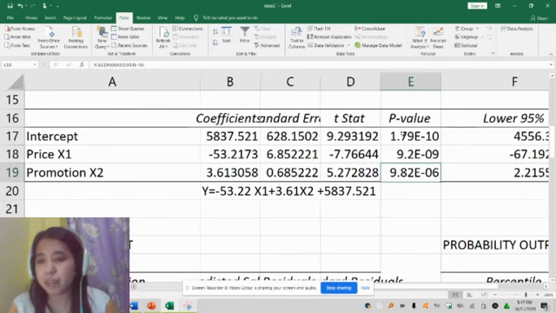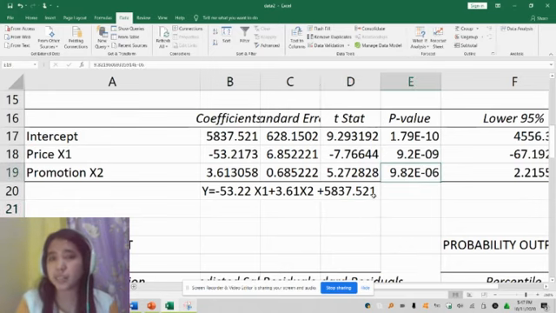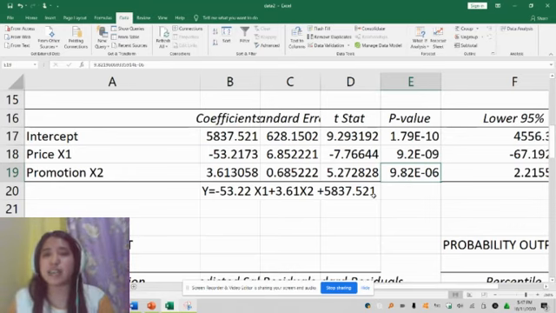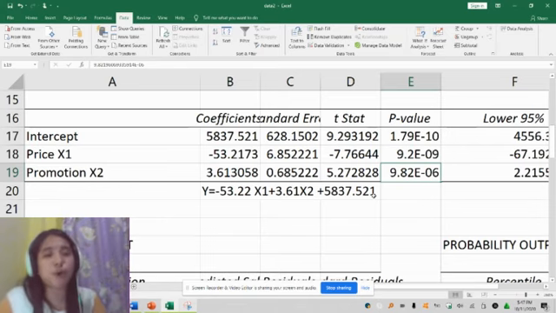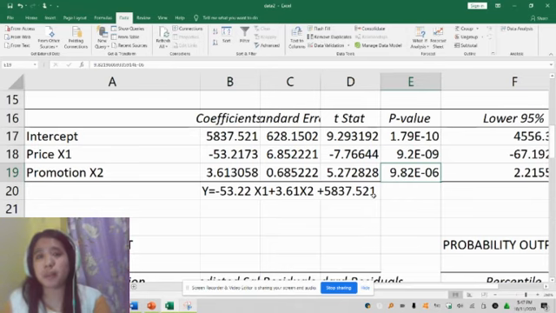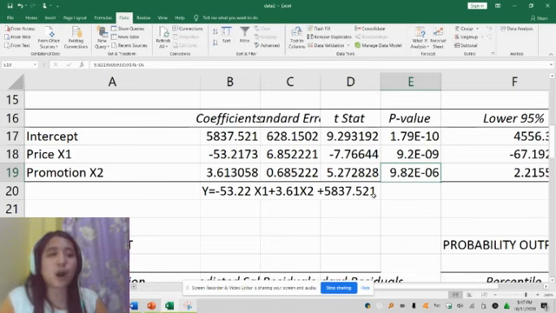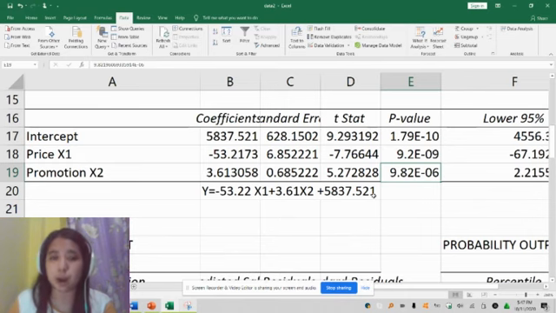Looking at the p-value here, this is the t-result. If you recall, the t-statistic or the t-test last time was the same as the value of F simply because we only had one variable involved. But in this case, we have the multiple linear regression, so it involves two variables. The interpretation is that it can reveal which of these two variables is a significant predictor.